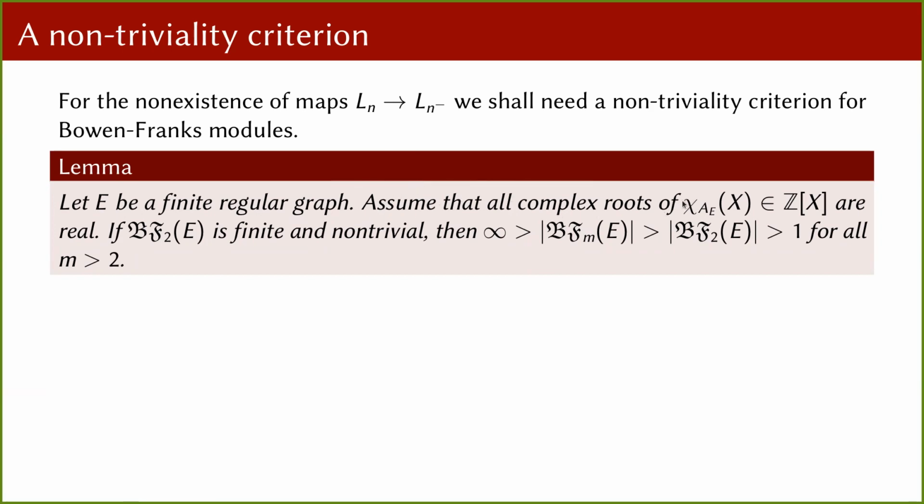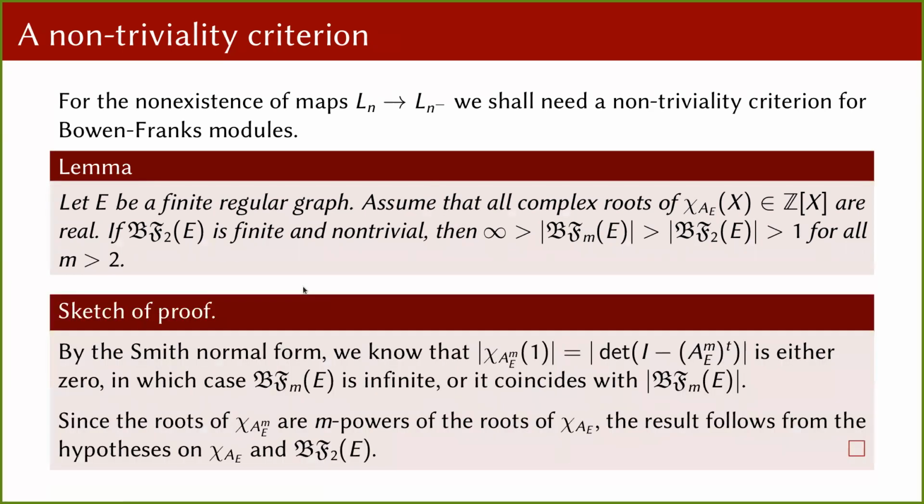If the characteristic polynomial of the adjacency matrix of the graph has no complex roots, so all the roots are real, and the C2 Bowen-Franks module is finite and non-trivial, then actually all of the Cm Bowen-Franks modules are finite, non-trivial, and bounded below by the order of the C2 one. Okay.